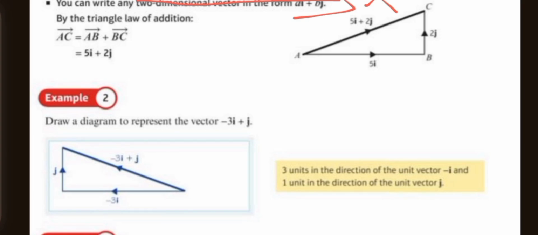Now what is this two-dimensional vector in the form ai plus bj and the triangle law of addition?